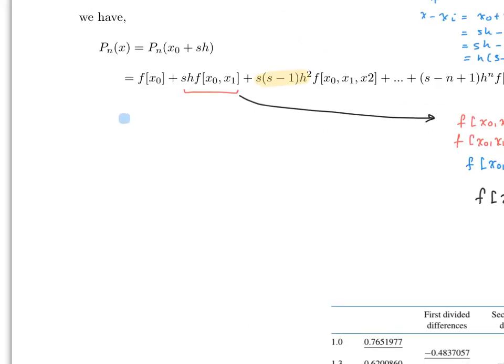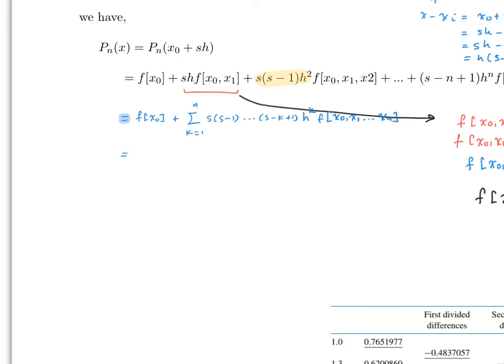So in general, in the new compact form, it will be equal to f of x0 plus the sum from k equals 1 to n of s times s minus 1 all the way to s minus k plus 1 times h to the k, and then this will be f of x0, x1 all the way to xn.